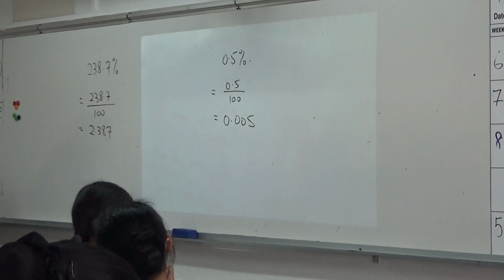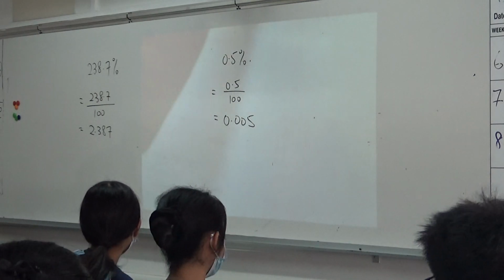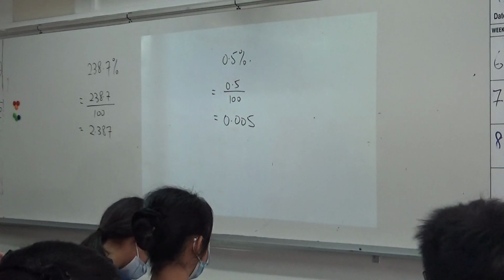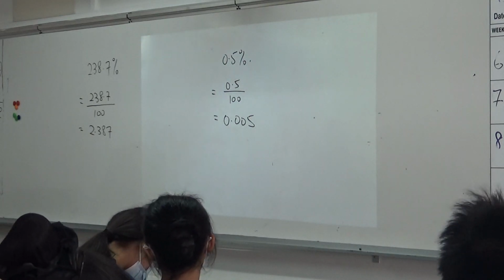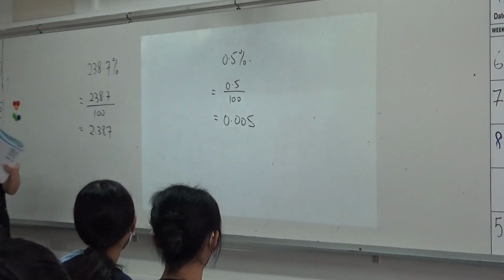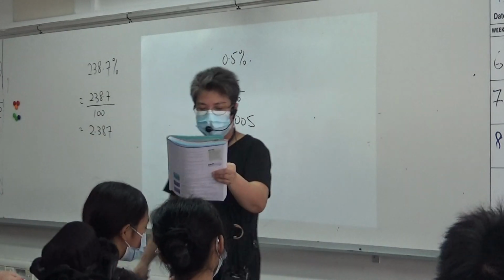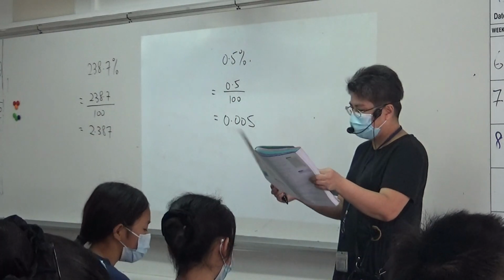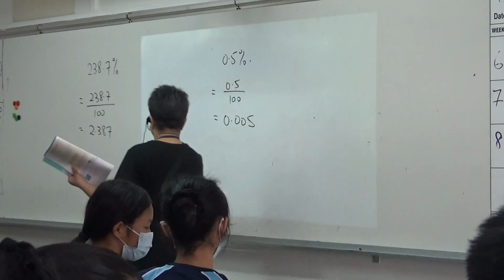Now, next question. Percentage of quantity. I'm just running very fast through your examples because all these are already covered in primary school. Okay? Alright, can we look at page 6? All of you look at page 6. Percentage of quantity.